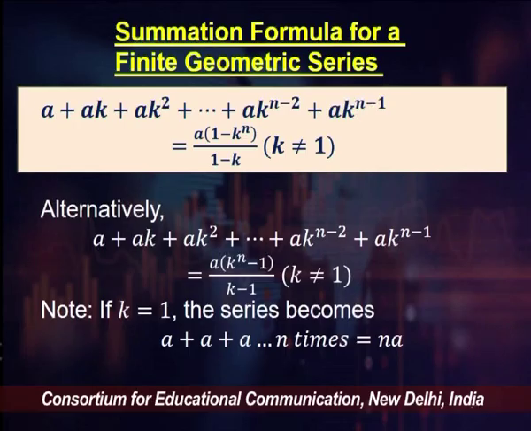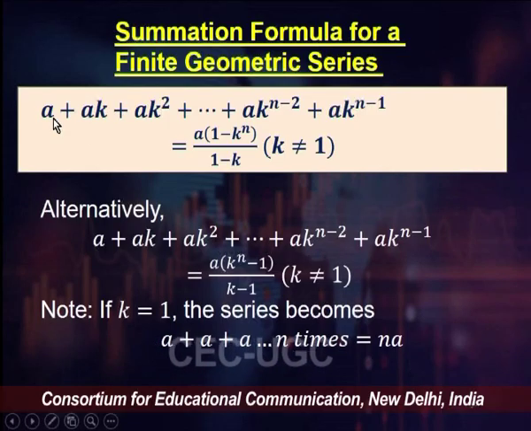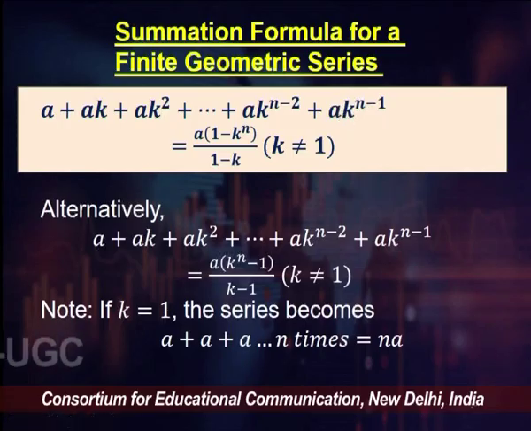The question now that you might be thinking about is what if k is equal to 1. Now, let us just go back to first principles, the basics here. If k is equal to 1, what does your series become? It will be nothing but a plus a plus a plus a and so on till n times, because you have n terms here.